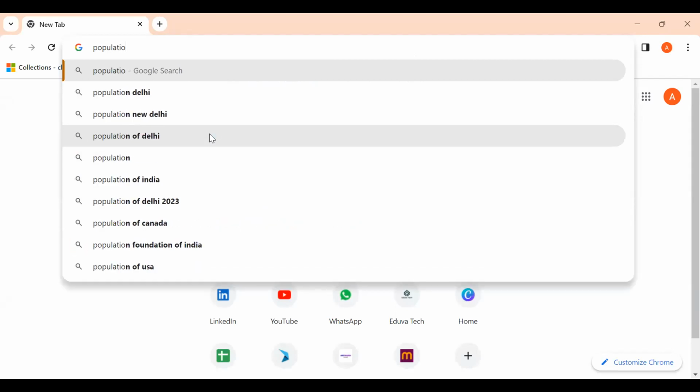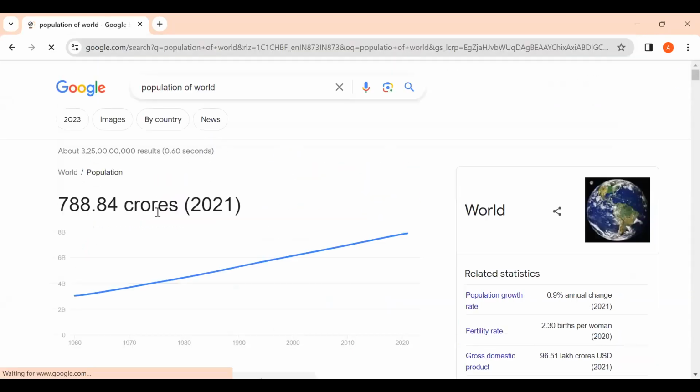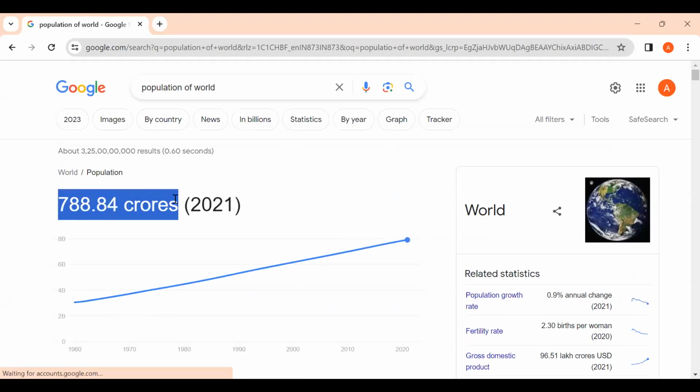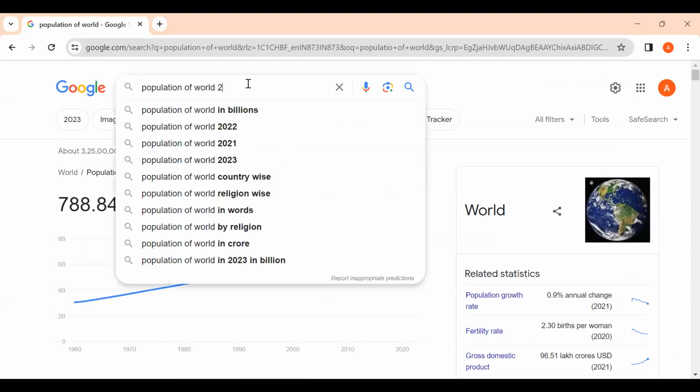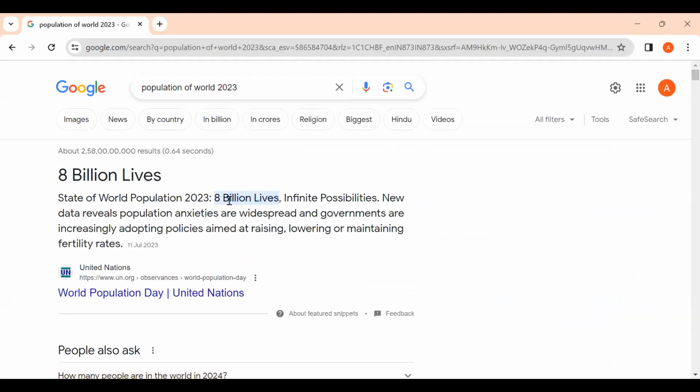This much. Does it complete our needs in 2023? Let me write: 8 billion. The population is 8 billion, and each person has multiple devices, right?